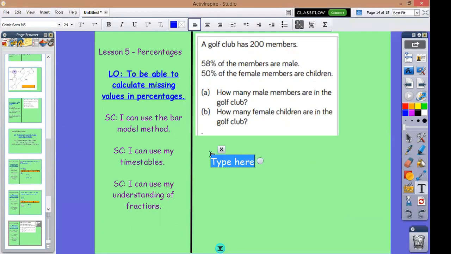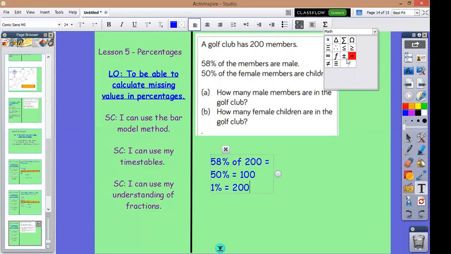Okay, so we need to find out what 58% is of 200, because 58% male members. Okay, so remember using that bubble method, we can solve it, but I'm going to do it this way. I'm going to define 50% first, which equals 100, because that's a half. I'm going to find 1%, which is going to be 200. I'll write that down. 1% would be 200 divided by 100, which equals 2.